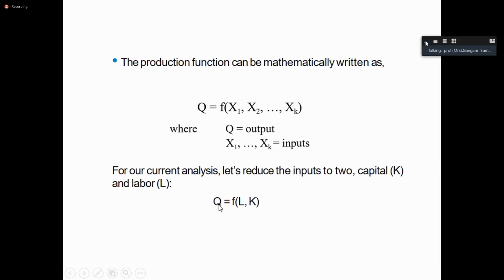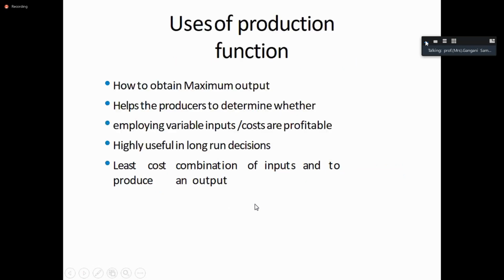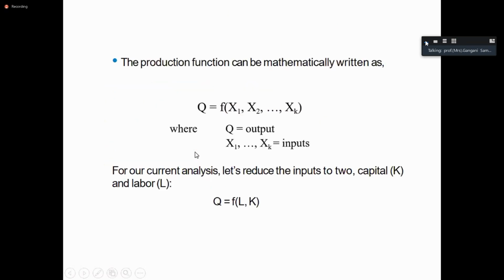Okay. So just for example, we took only two inputs here. Now we will see the uses of production function if we take these two inputs only. Production, normally labor and capital. Then if many inputs are there, you can change or derive the function accordingly.